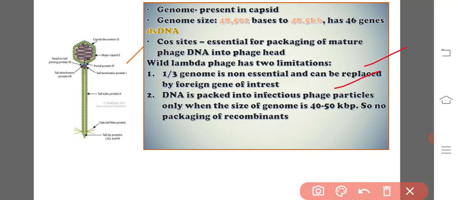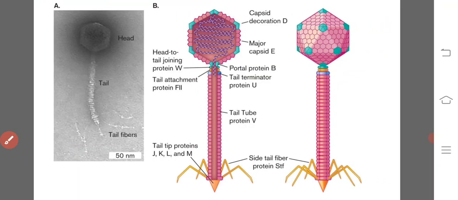Here you can see bacteriophage lambda, an electron microscopic structure. There are two kinds of lambda phage vectors: the insertion vectors and the replacement vectors.